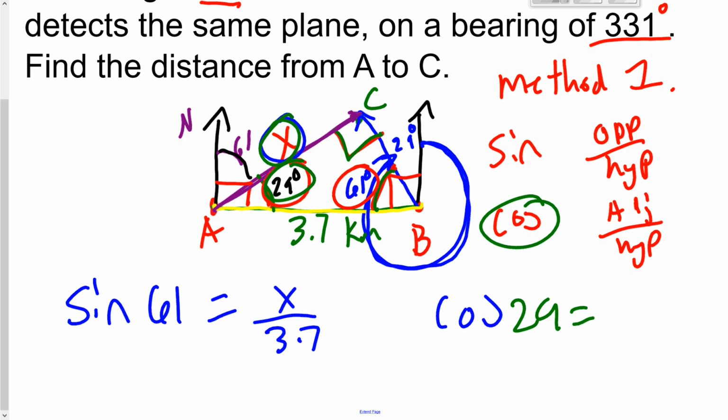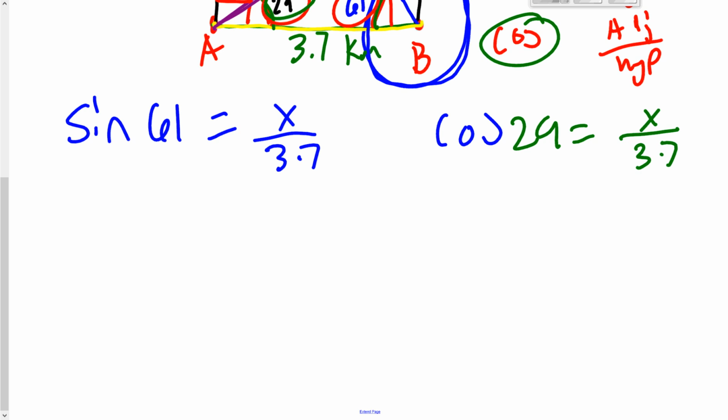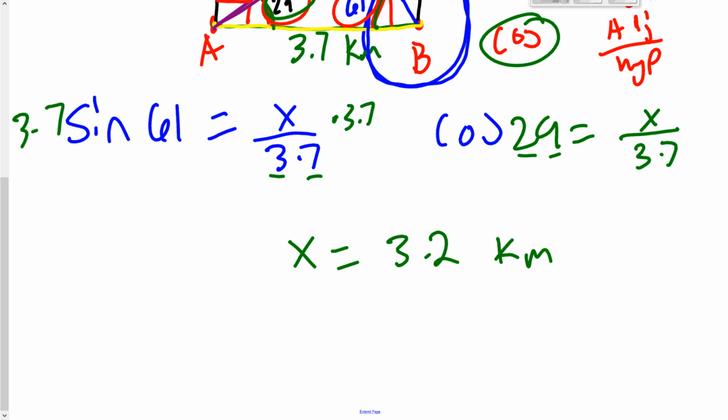Sine of 61 and cosine of 29, adjacent over hypotenuse, so we get the same answer. When we do that, we get x is approximately 3.2 kilometers, because this is 2 digits. We just multiply both sides by 3.7 on this and on this one.